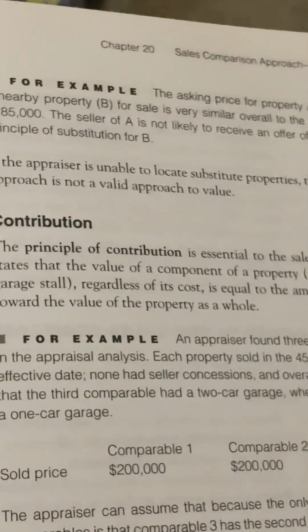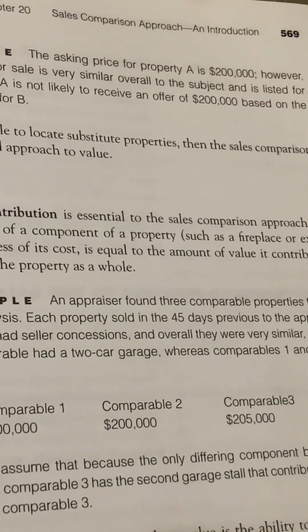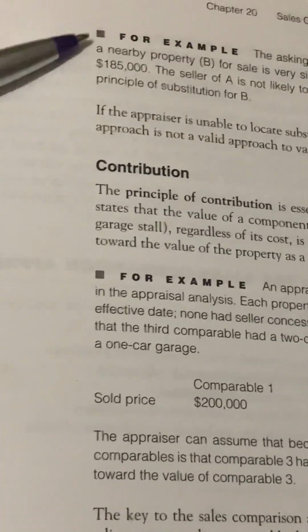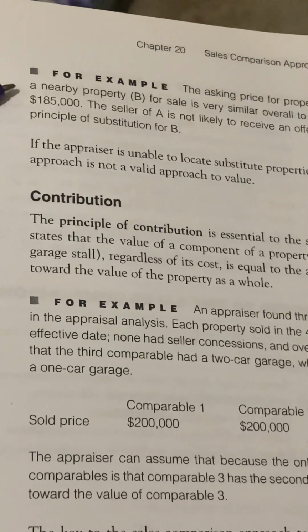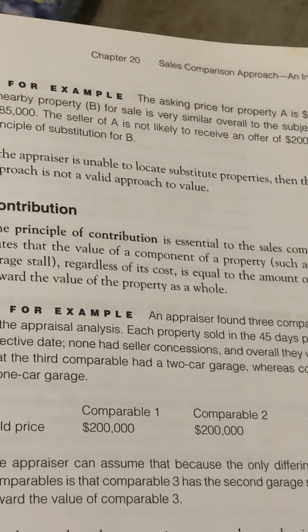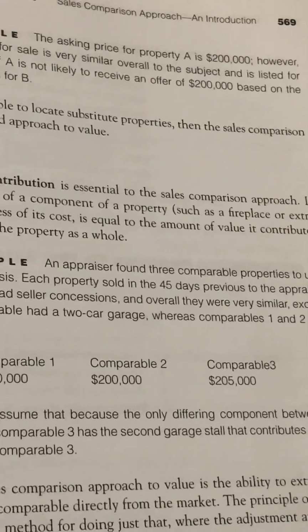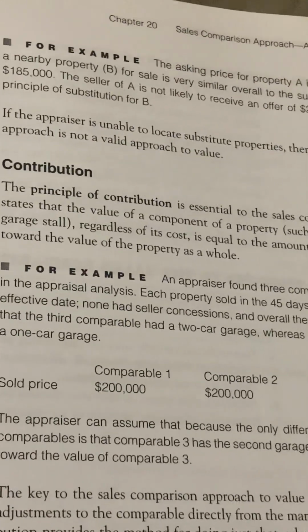For example, the asking price for property A is $200,000. However, a nearby property B is for sale, is very similar overall to the subject, and is listed for $185,000.